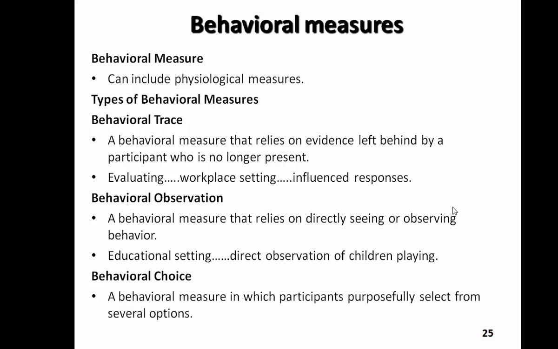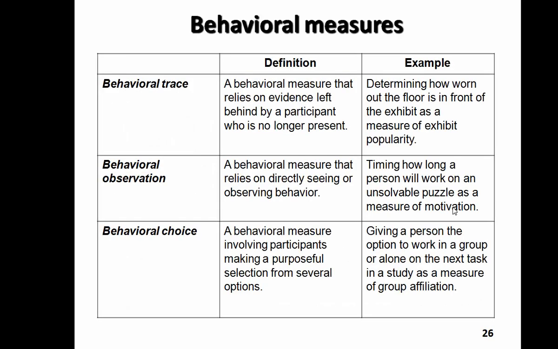Behavioral choice is an experimental approach in which participants will purposely select from a range of options provided to that research participant. That can be done through a survey, a questionnaire, or other hands-on experimental manipulations.